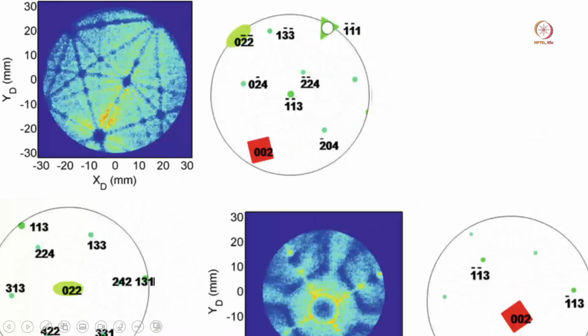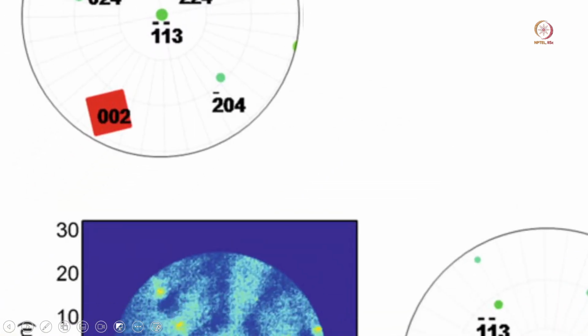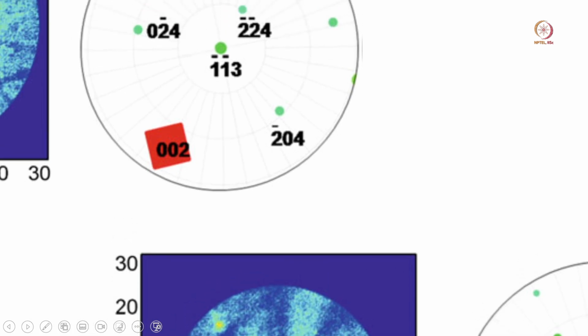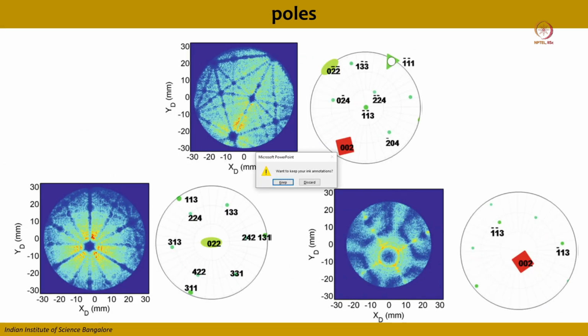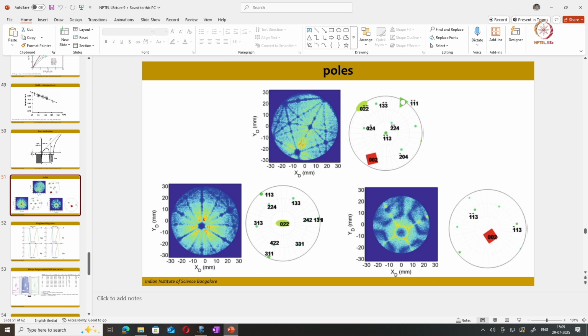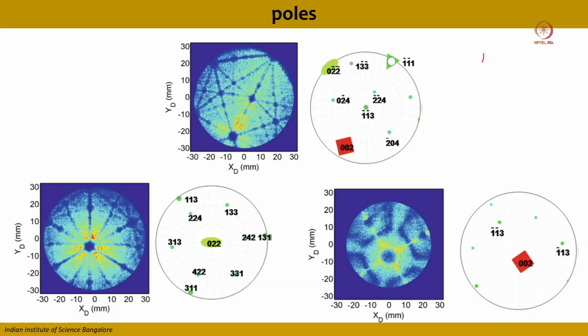For example, these are the poles which correspond to pure aluminium. And you can see that these are low density regions, and also we see clearly these zone lines.